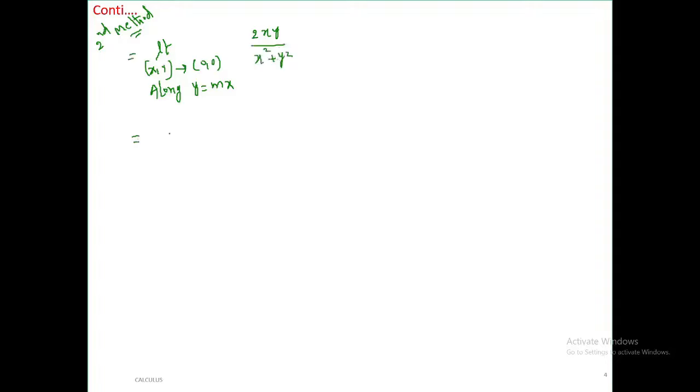So limit x comma y reaching to origin along y is equal to mx. Now substitute y is equal to mx here. So 2x into mx divided by x square plus mx whole square.